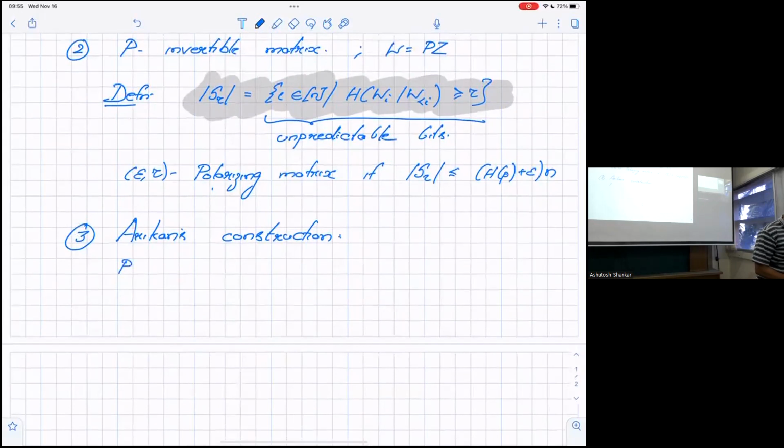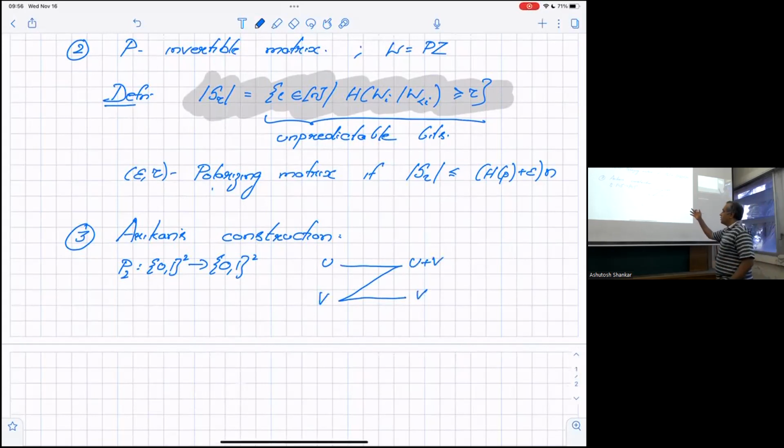So P2 is going to map {0,1}^2 to {0,1}^2. And there's basically only one construction that we can think of here. If you have U and V bits, it goes to U plus V. The only other constructions are U going to U and V going to V, or the other way around, and none of them will work. You need some mixing to happen.